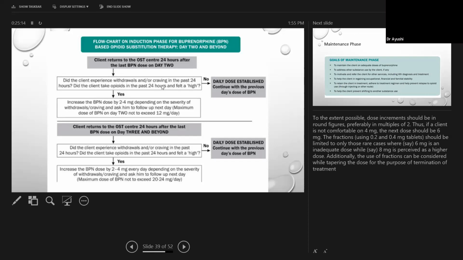The maximum dose in this case should not exceed 20 to 24 milligram per day. If he has returned on day 2, then the maximum dose should not exceed 12 milligram per day. And if he has not returned on day 2, day 3 and beyond, then the maximum dose should not exceed 20 to 24 milligram per day.